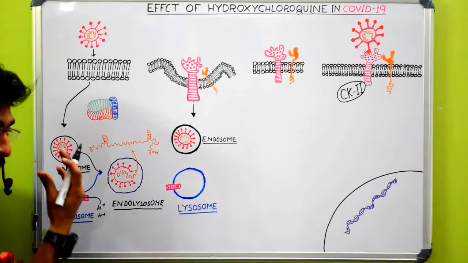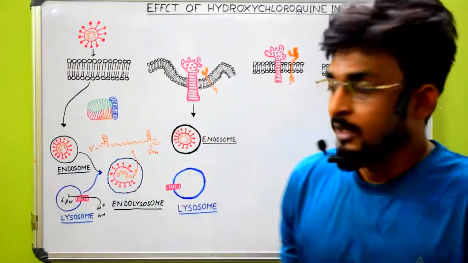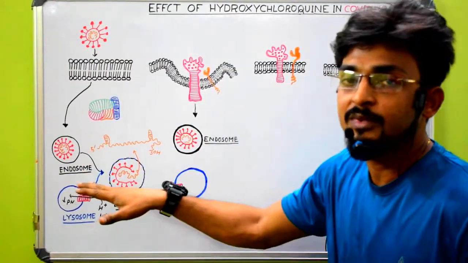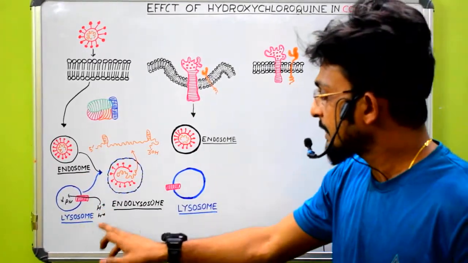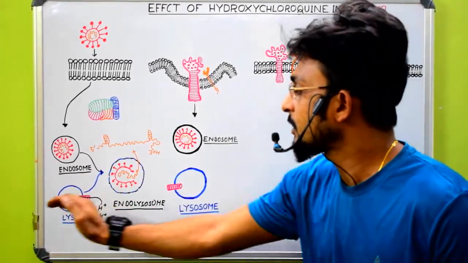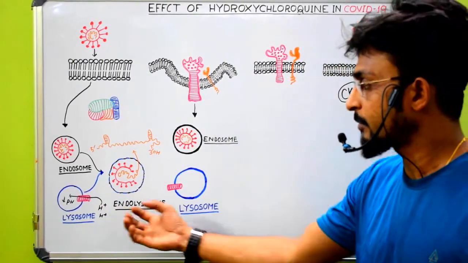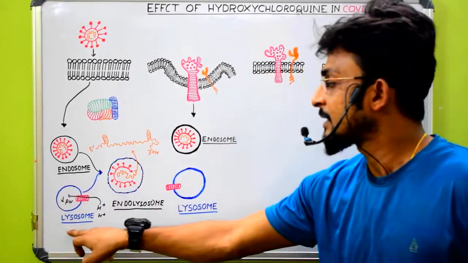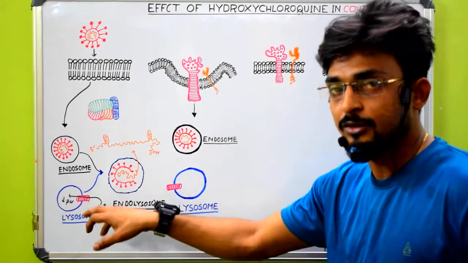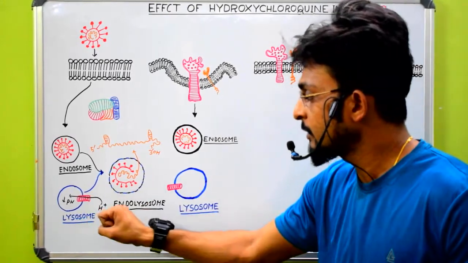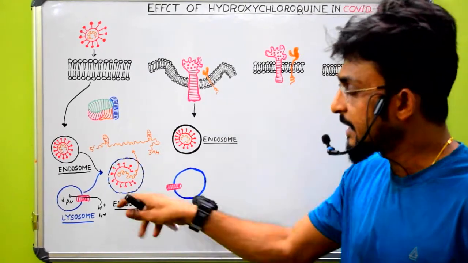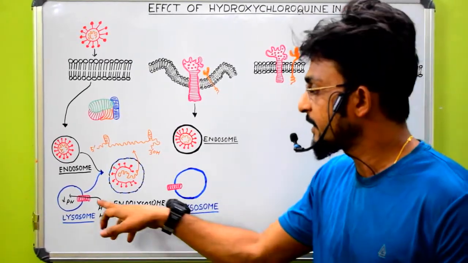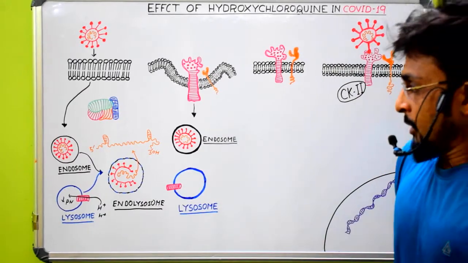That means once the pH is decreased, the acidity of the environment inside the lysosome increases. In the pumping of protons from the cytosol to inside the lysosome, one ATP molecule is used. So this is the ATPase dependent proton pump.